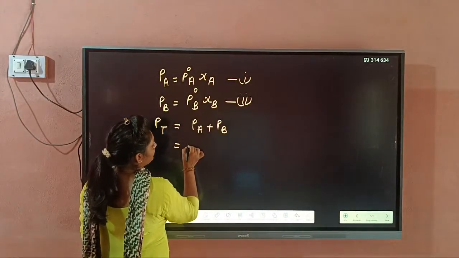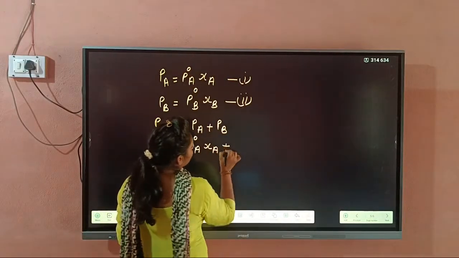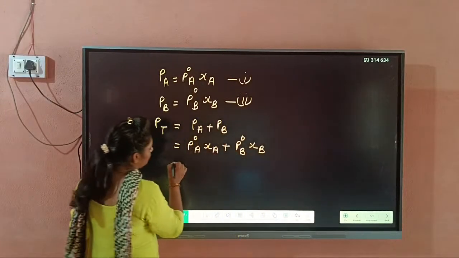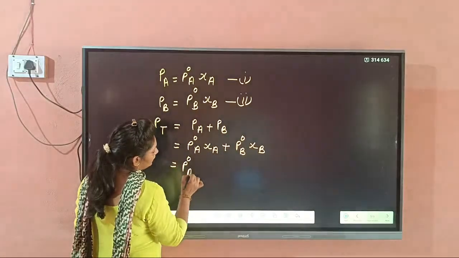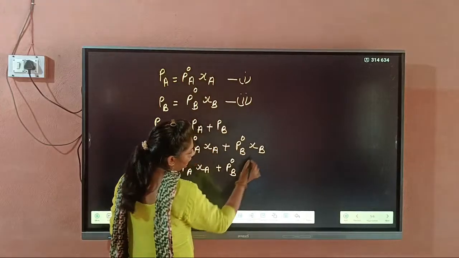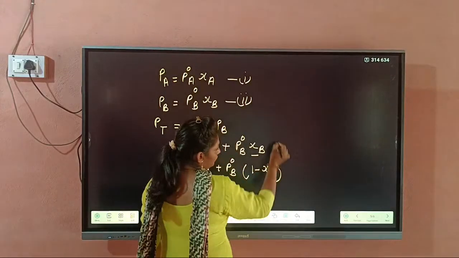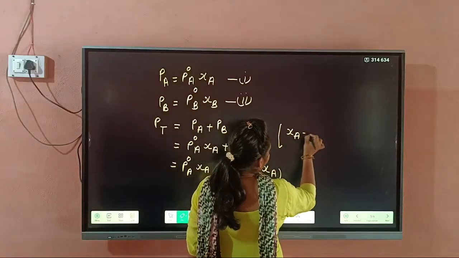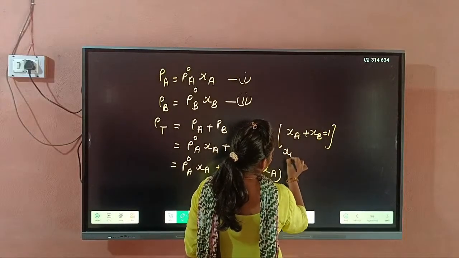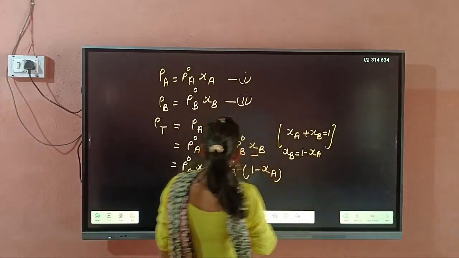And we put the value P naught A XA plus the value of PB, P naught B XB. Here the value of XB is 1 minus XA. Why is it so? Because the total mole fraction XA plus XB of any solution is always 1. So from here XB is equal to 1 minus XA.